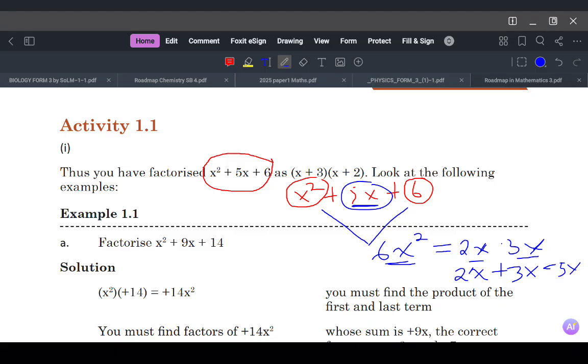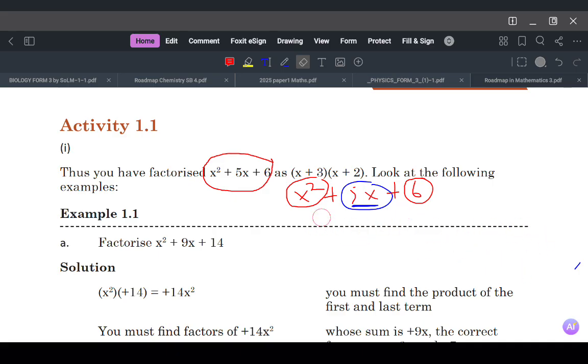Now, having done this, you rewrite the expression. So we are saying you take the factors of 6x squared, which is 2x and 3x. So next you rewrite the expression in terms of 2x and 3x by simply adding them up to give you the middle term.